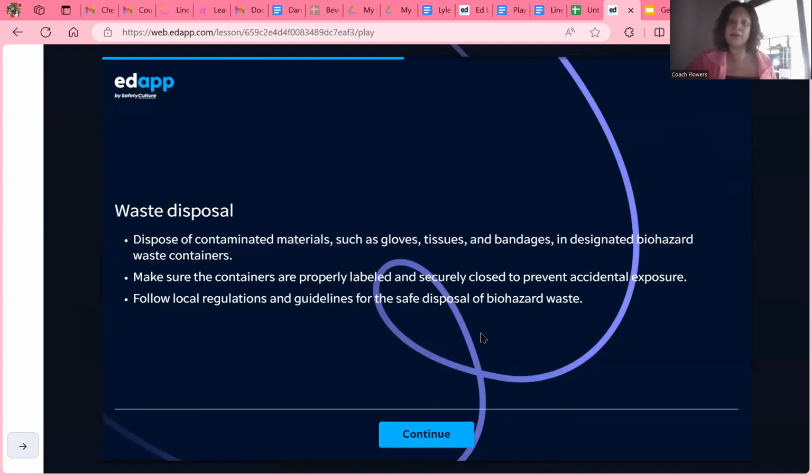As we know in childcare, many times you may not have an actual container labeled biohazard, but it is common that you would bag that glove, tissues, bandages, or diapers in its own individual bag that you would securely knot, and then you would place it in a closed garbage can that is hands-free.